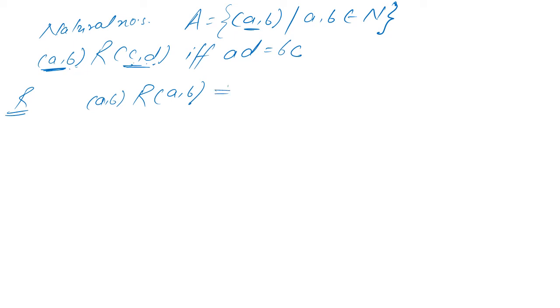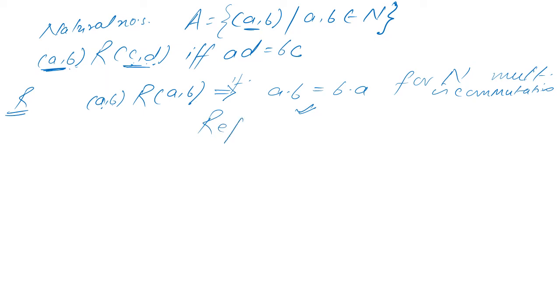So this indicates that ab should be equal to ba. We know that for natural numbers multiplication is commutative. So this property is satisfied. So we can say that this is a reflexive relation.